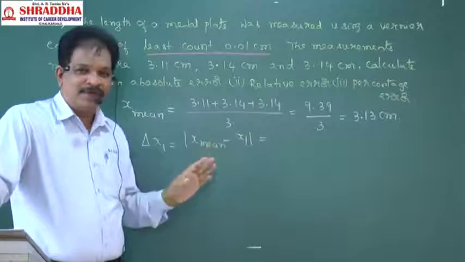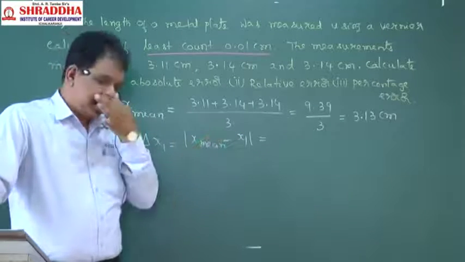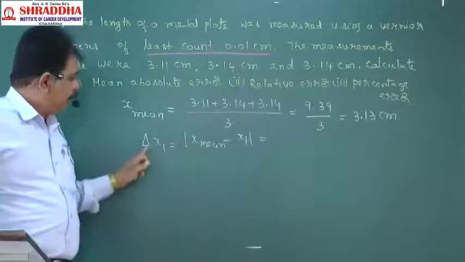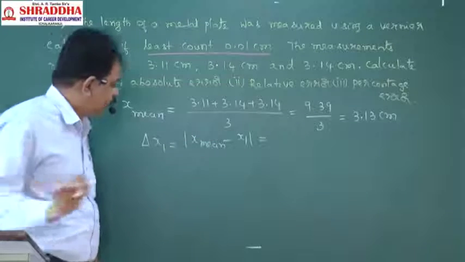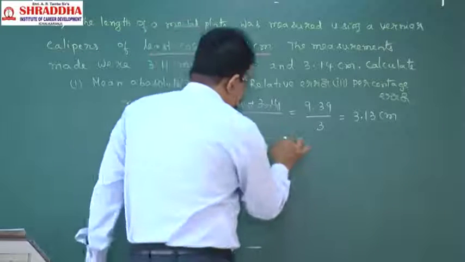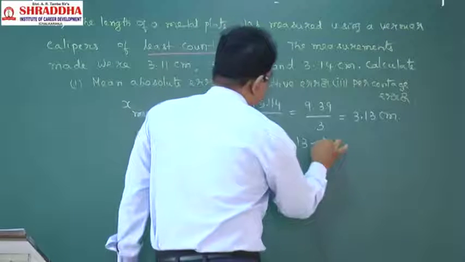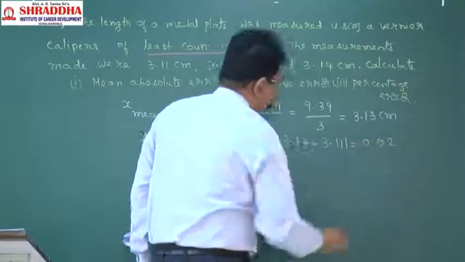Delta x1 is equal to x mean minus x1, 3.13 minus 3.11, 0.02.